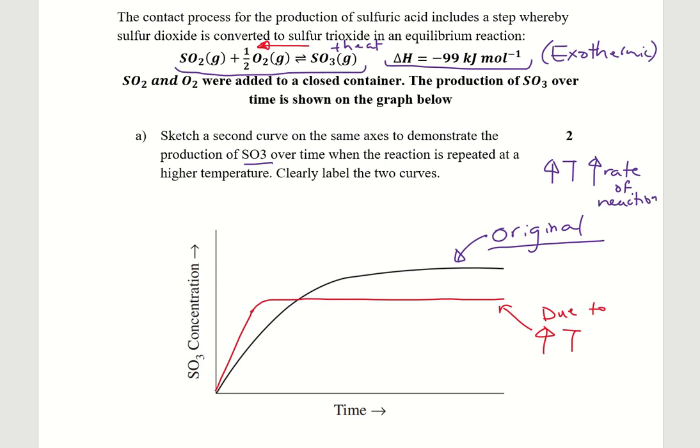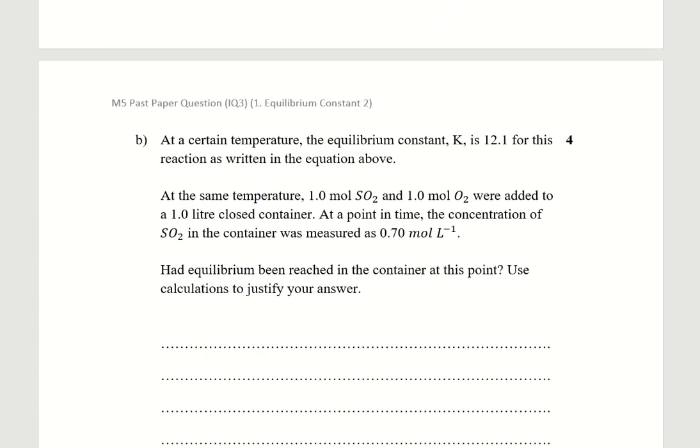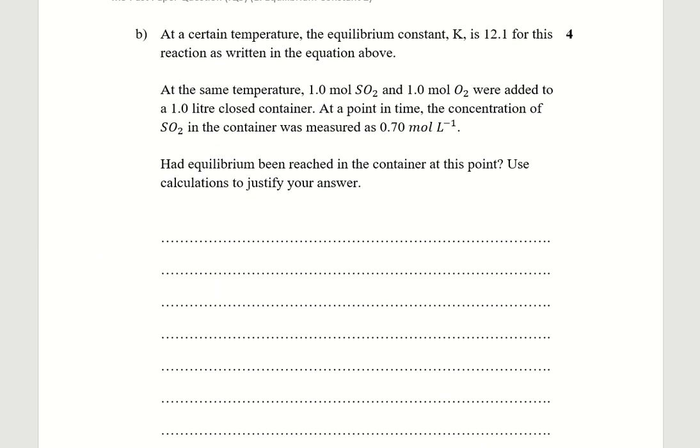Then the next one we look into is this one here. It says at a certain temperature, the equilibrium constant is 12.1. So we know what that is, might as well just write it down on the side. At the same temperature, we have that many moles of sulfur dioxide, we have that many moles of oxygen.